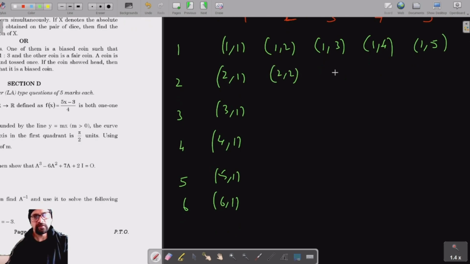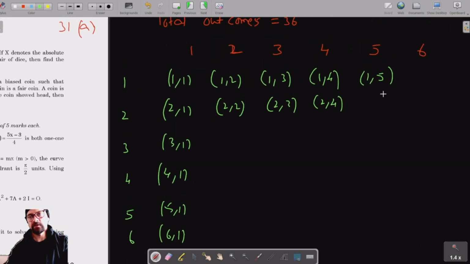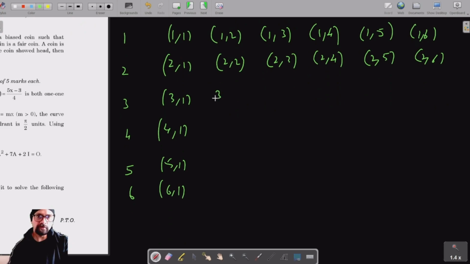And this is 2, 2; 2, 3; 2, 4; 2, 5; and 2, 6. This is 1, 6. Similarly, it's 3, 2; 4, 2; 5, 2; and 6, 2.